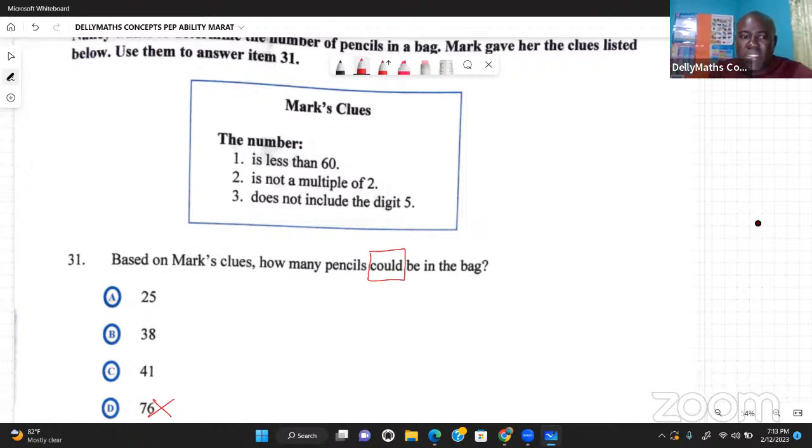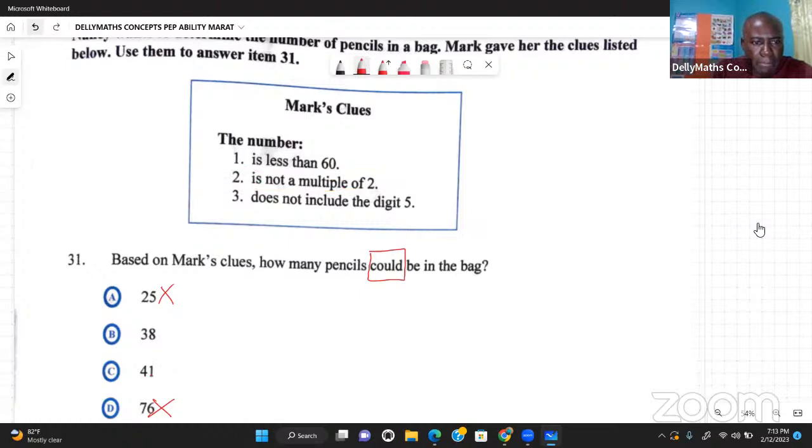So if it is not a multiple of 2, I need to take off things that 2 can go into without a remainder. They didn't say it is. Not a multiple of 2.